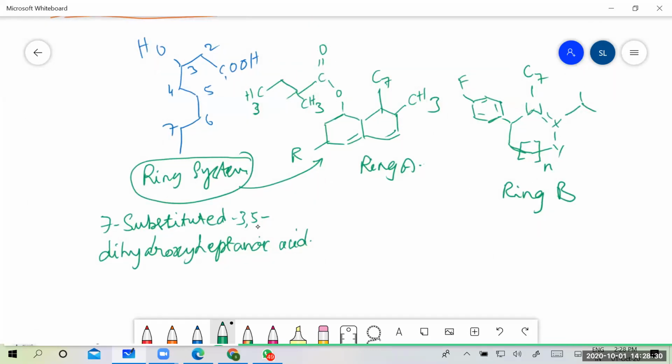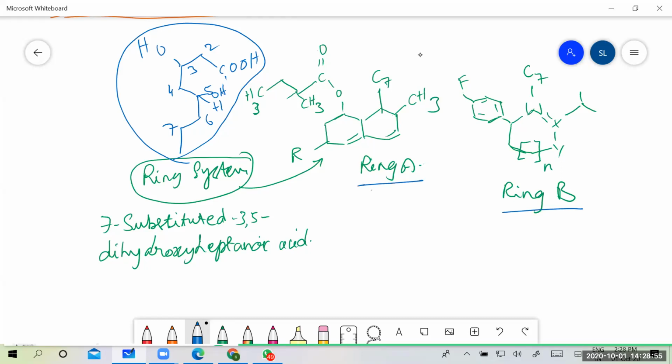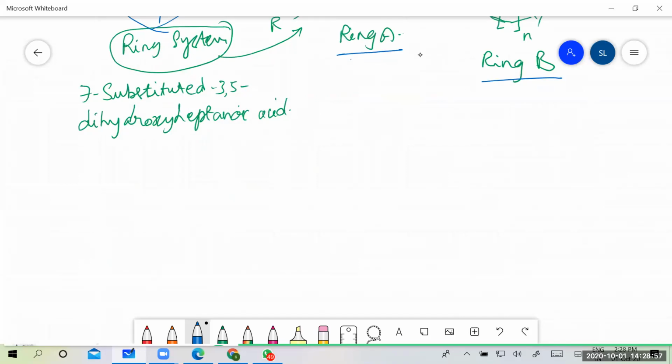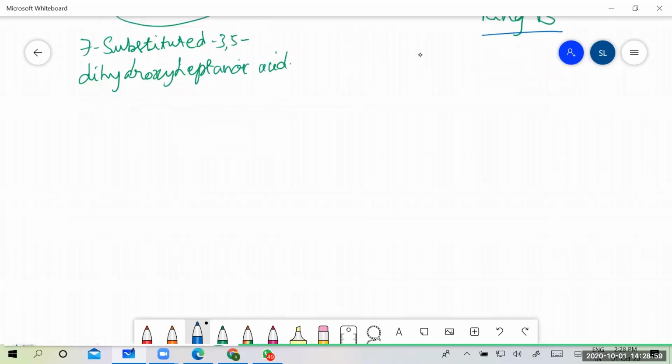See here, we have missed one of the groups here. So this is OH and here. So 3,5 dihydroxy: third position and fifth position there is a hydroxyl group. Heptanoic, hepta is 7 carbon containing. This one is the side chain, and the ring systems are ring A and ring B. Ring A is a bicyclic system and ring B is a heterocycle.